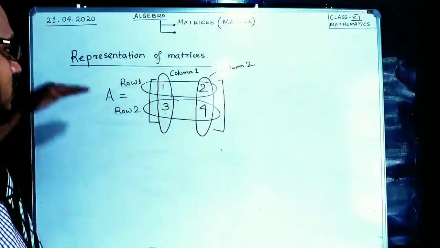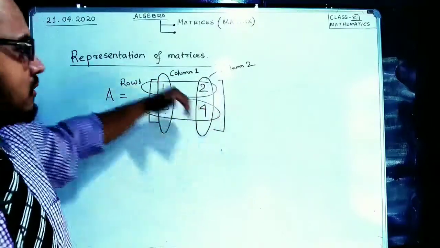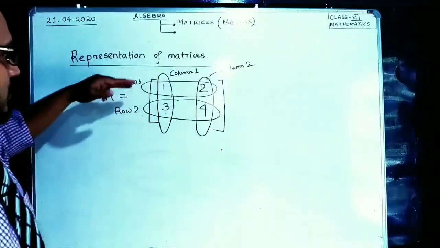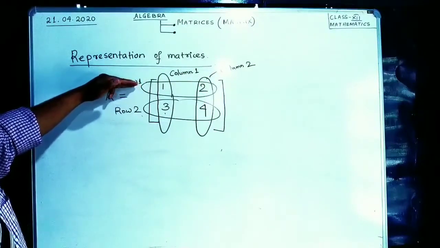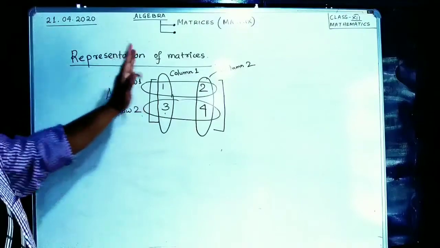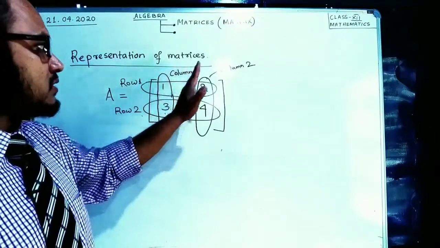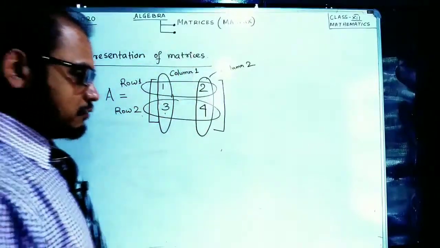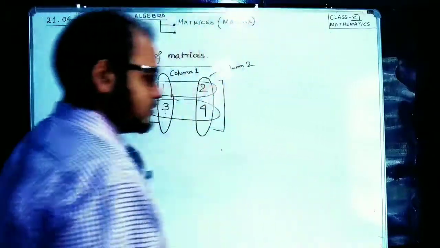Rows are in horizontal pattern and columns are in vertical pattern. Rows start numbering from the top position and go downwards: row 1, row 2. Similarly, column numbering starts from the left side: column 1, column 2. So that's how we represent the columns and rows of any matrix.